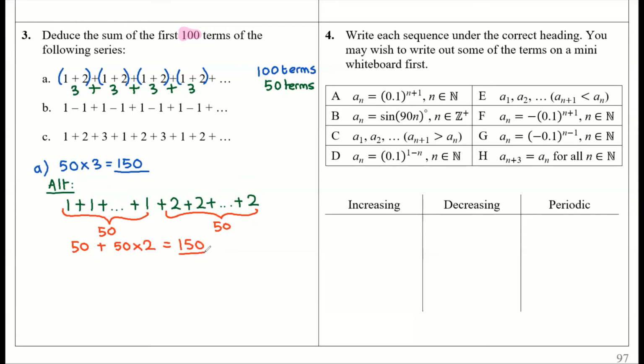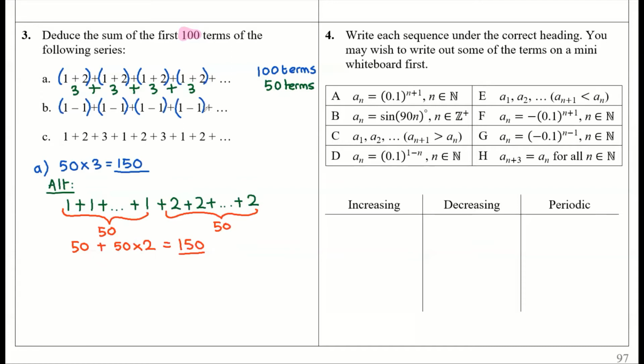Now for part B, what we've got here is a similar alternating series. We've got 1, subtract 1, add 1, subtract 1 in that fashion. Now I can again partition them like so. I'm just splitting it up into groups of 2.